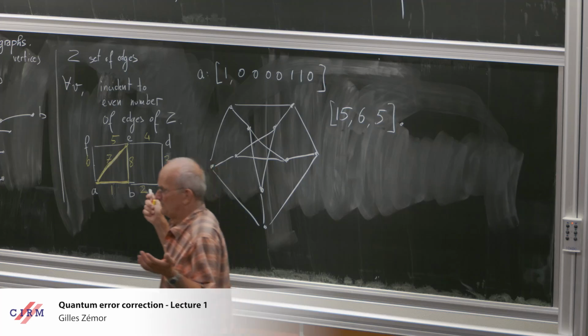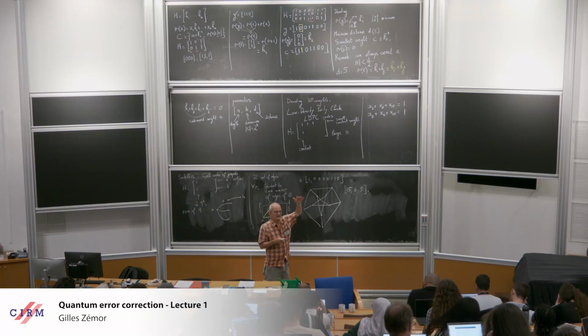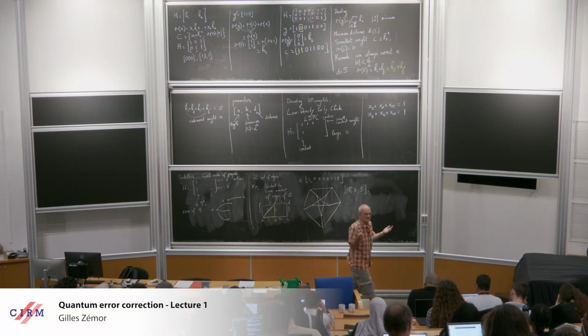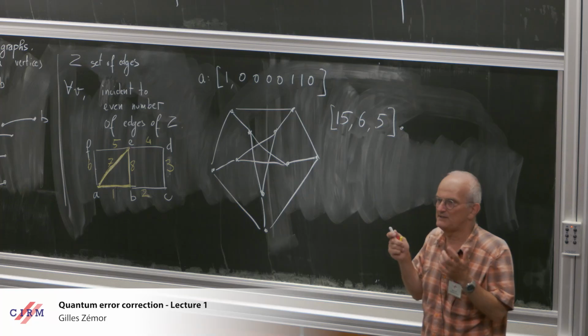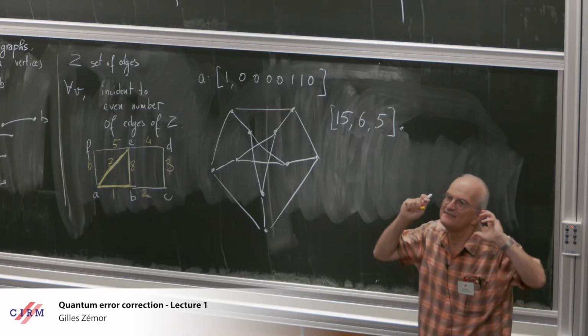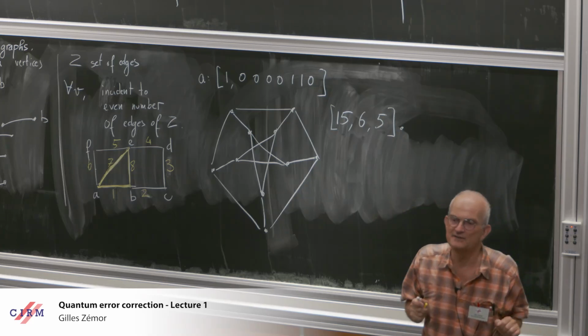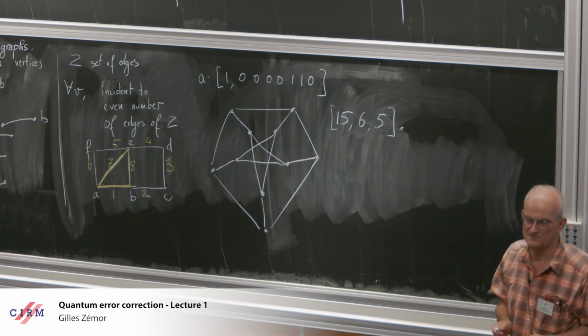This problem is still pretty much open. We have lower bounds, we have upper bounds, we have tables of the best codes for small lengths, but we don't know how to solve the general problem. It's not the only problem of coding theory. People don't necessarily think of it anymore as the number 1 problem of coding theory, but it's pretty fundamental, yes.